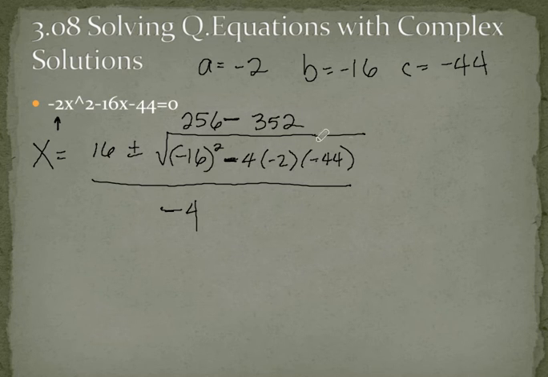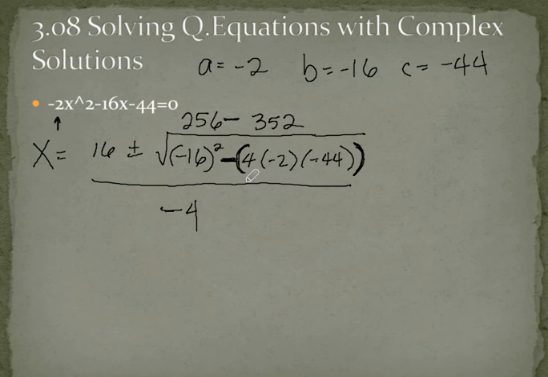So this part right here trips people up very frequently. What I do is I try to stress to them to consider calculating this part right here first, leaving this negative alone.